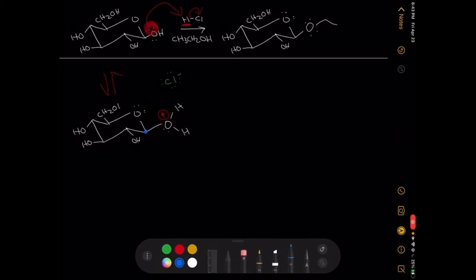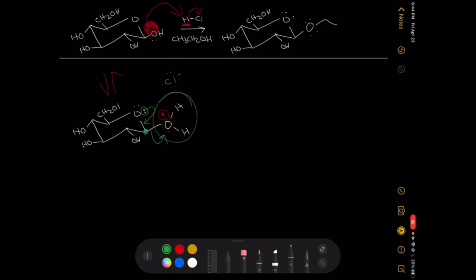Well, we have electrons here on the oxygen adjacent to the anomeric carbon that has the OH2 positive. So one of these lone pairs is going to make a double bond here, and it's going to cause this to leave.